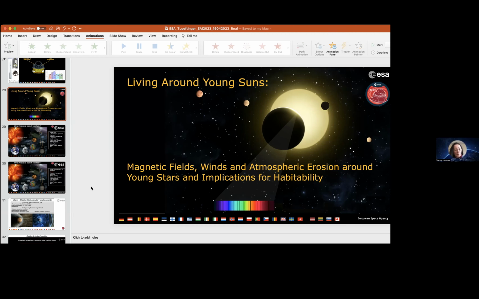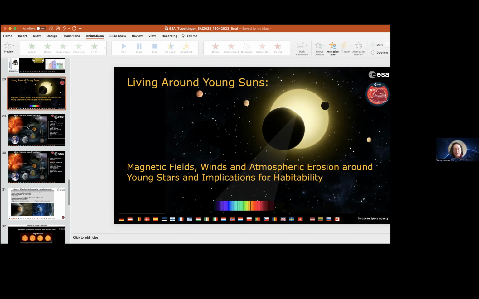So when we study stars, it is especially important to consider the magnetic fields, the winds, and atmospheric erosion they cause on young stars around exoplanetary atmospheres, and also to think about and discuss the implications for habitability.